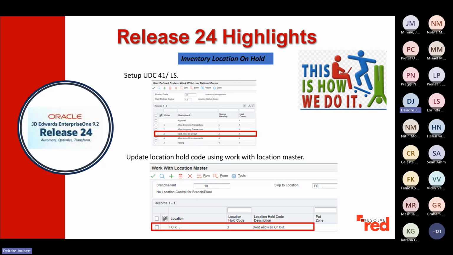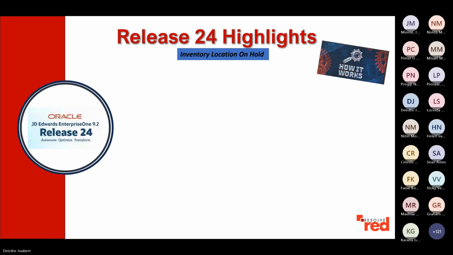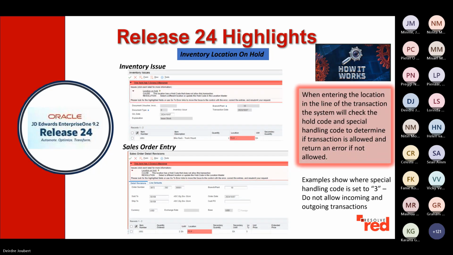And when you process against the transaction, JD Edwards gets mad at you. So obviously, depending on what it is, in this case we've got a sales order, you can't capture the sales order. Of course, there are no outgoing transactions allowed, and also not the inventory. So quite nifty, quite useful, long overdue.